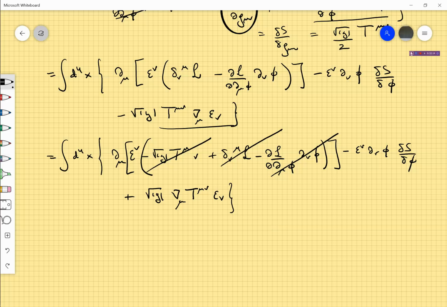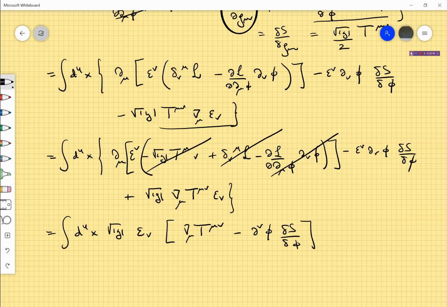You will get this cancellation, and in the end, you find something which is proportional to epsilon nu. Well, depends on if we want to write it up or down. Let's write it down. And you have the divergence of the energy momentum tensor minus partial derivative of phi times delta S delta phi.